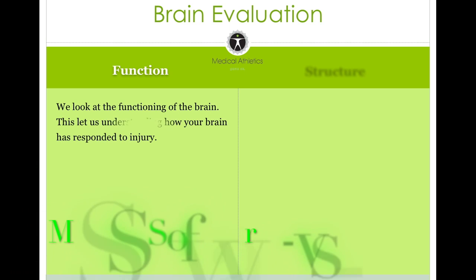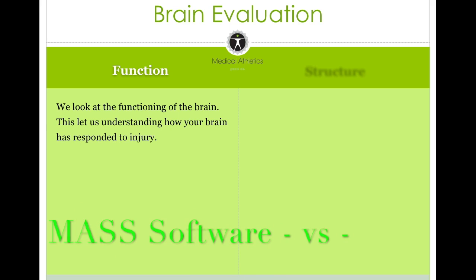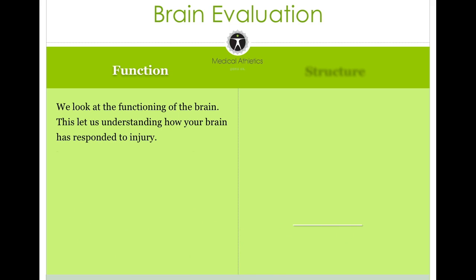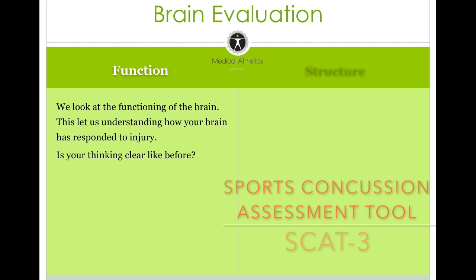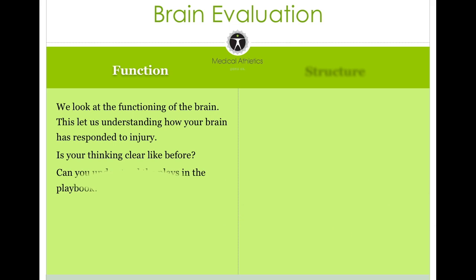So why is all this important? Well, it gets to the difference between our brain evaluation process and what teams and health professionals use now. How well does your brain function? Because without good function, you can't do simple things like read a book, recognize your favorite person, or make change after buying dinner or a meal.